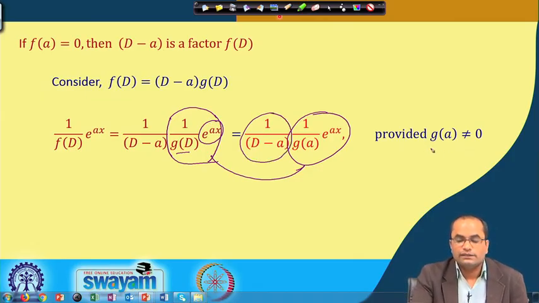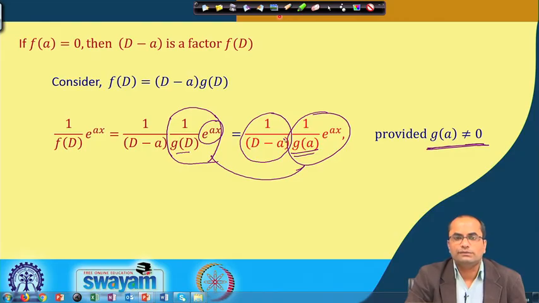So, provided here that this g a is not equal to 0, that is the assumption again. If this is 0, we will handle again in a similar fashion. So, we will take again this factor d minus a out of this g, and in the remaining we will again handle by replacing this d by a.